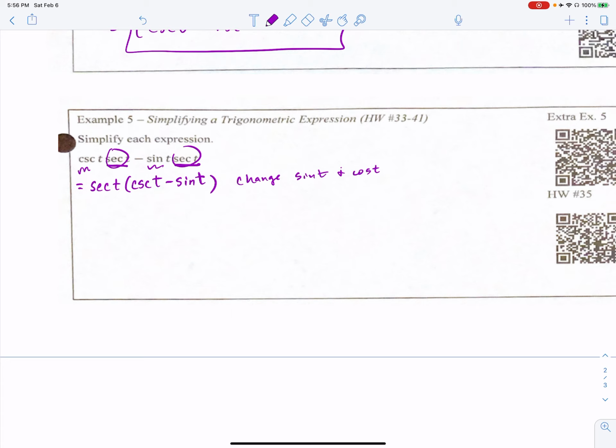And one of the techniques is if you get them into sine and cosine, when you don't have squared terms, sometimes that can help. So secant is 1 over cosine t, and cosecant is 1 over sine t. And then I have minus sine t.